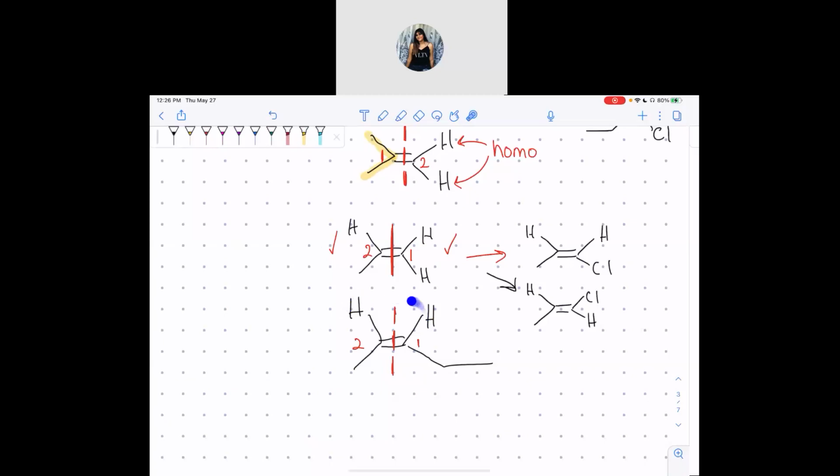So these cannot be diastereotopic. What's their relationship going to be instead? Any guesses? Heterotopic, exactly. And that is because they're just completely different from one another. They're on completely different carbons.